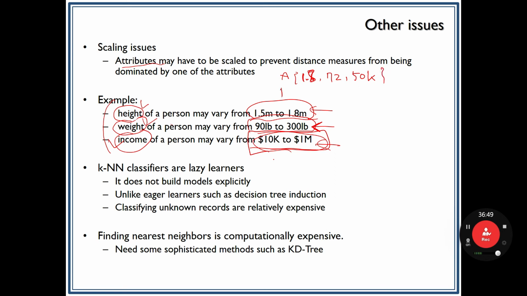And person B, the height is 1.7, weight is 65. This guy seems pretty much like myself.